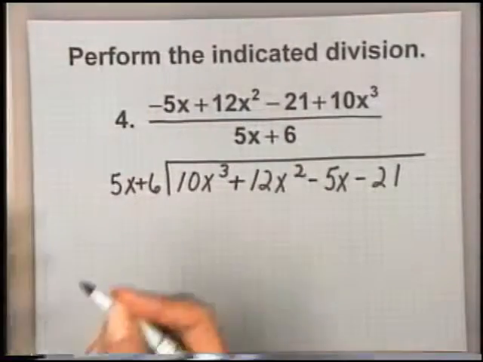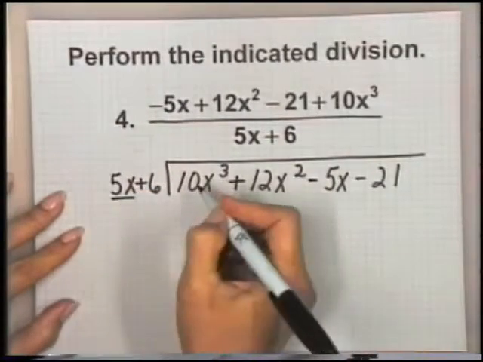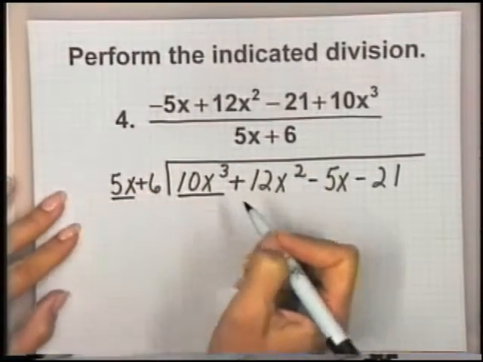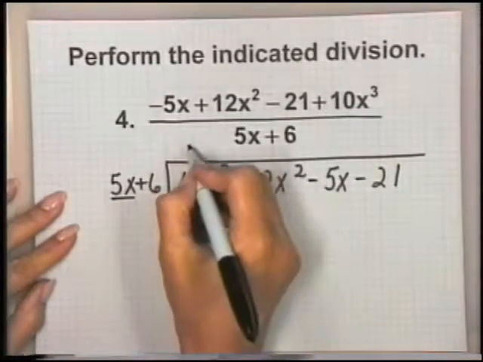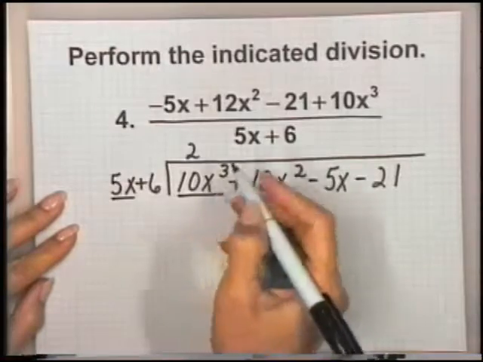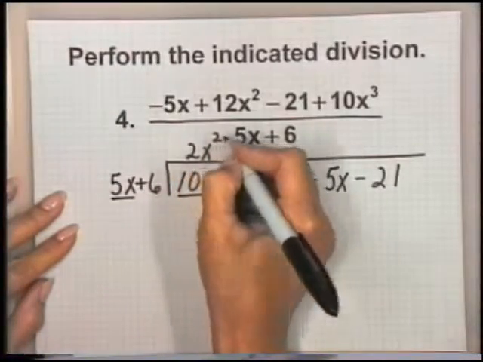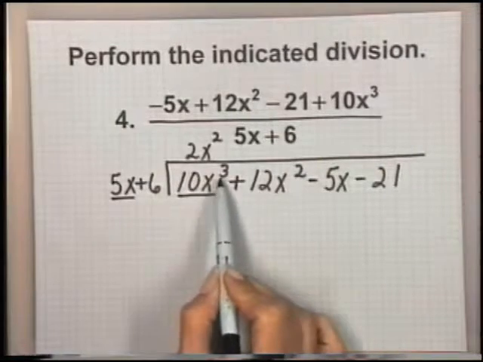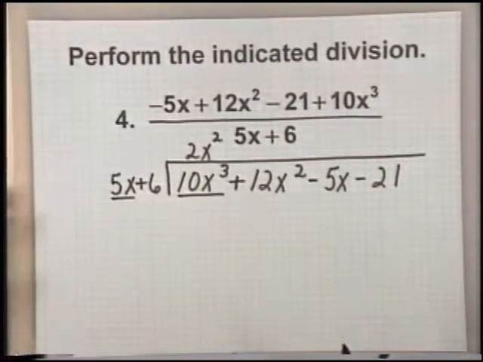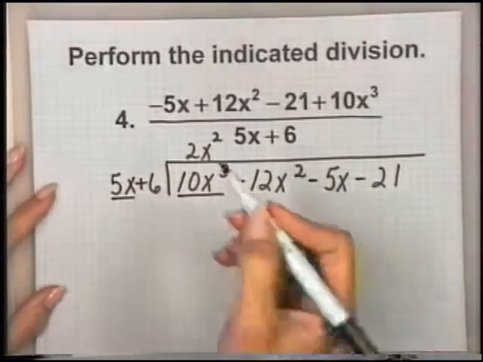Let's begin. We take our 5x and we divide it into our 10x cubed. We can think 5 goes into 10 twice, x goes into x cubed, x squared, or you may think, what do I multiply 5x by to get 10x cubed? It's 2x squared, isn't it?